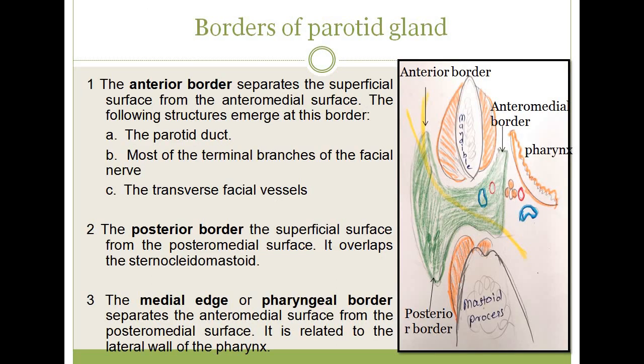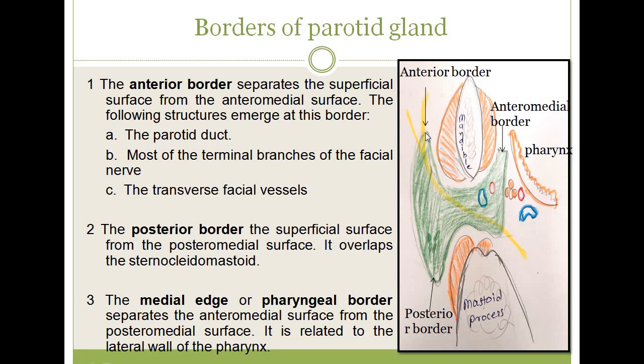Now coming to the borders of the parotid gland. The parotid gland has an anterior border, a posterior border, and a medial border or medial edge. The anterior border separates the superficial surface from the anteromedial surface.